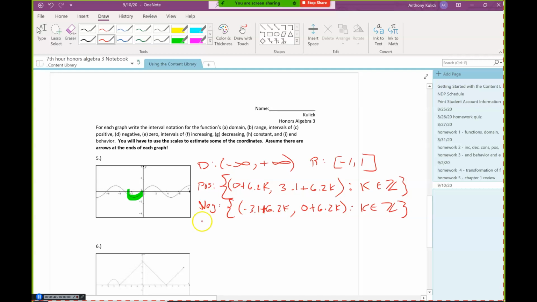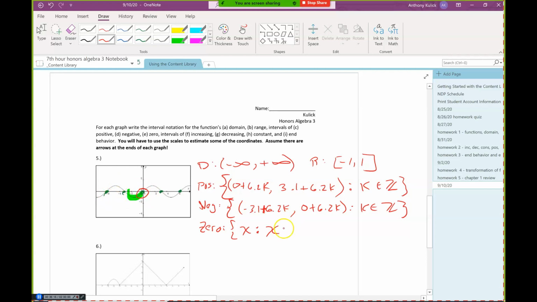Okay. The zeros are just distinct points, right? Everybody agree with that? Okay. So these zeros are just going to be a set of x's such that x is going to be equal to, and I'm just going to pick one of these as my starting point.